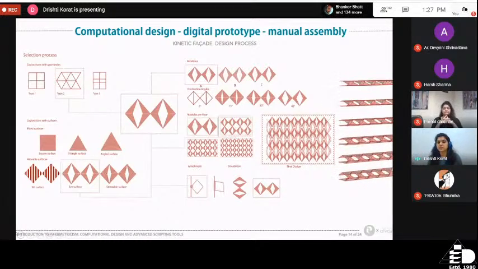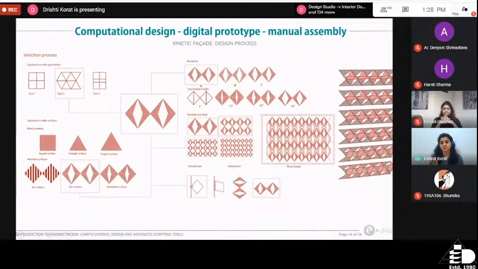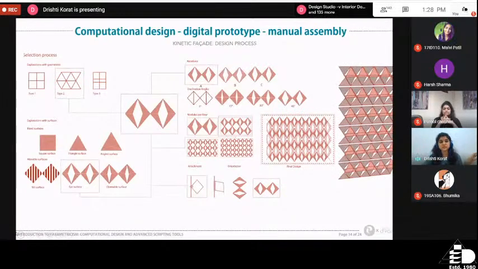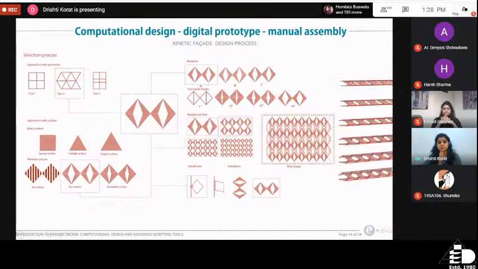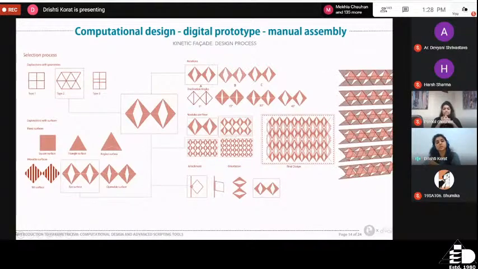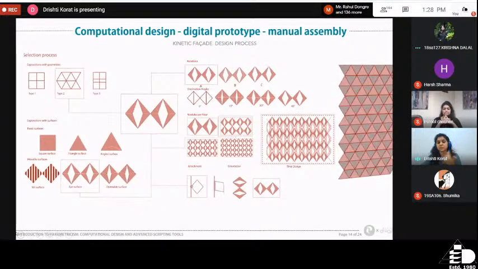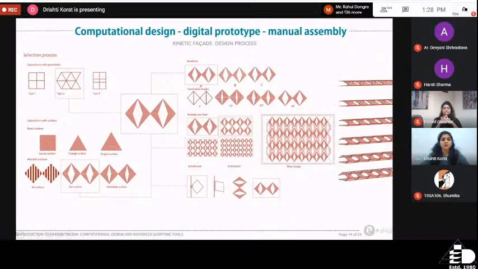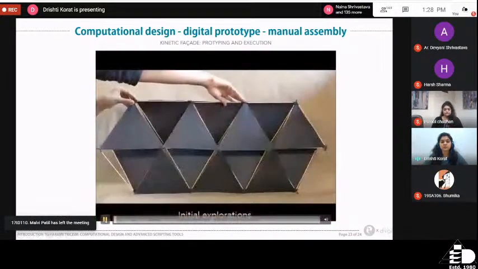And of course, on the right, you can see a GIF, which simulates the movement of the facade. This was largely the design process. The GIF on the extreme right was coded in Grasshopper, and it's an animation exported from Rhino.